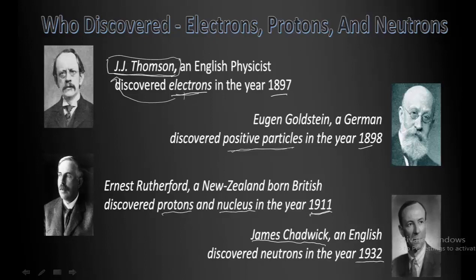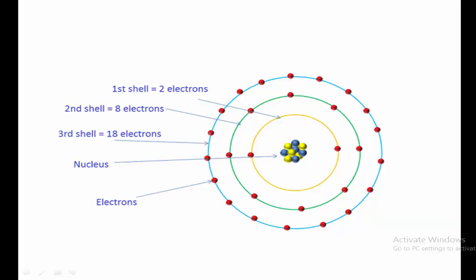So remember these names. Now, in an atom, we know that the electrons are revolving in circular paths. They are said to be shells or orbits. These orbits are named K shell, L shell, M shell, N shell and so on.